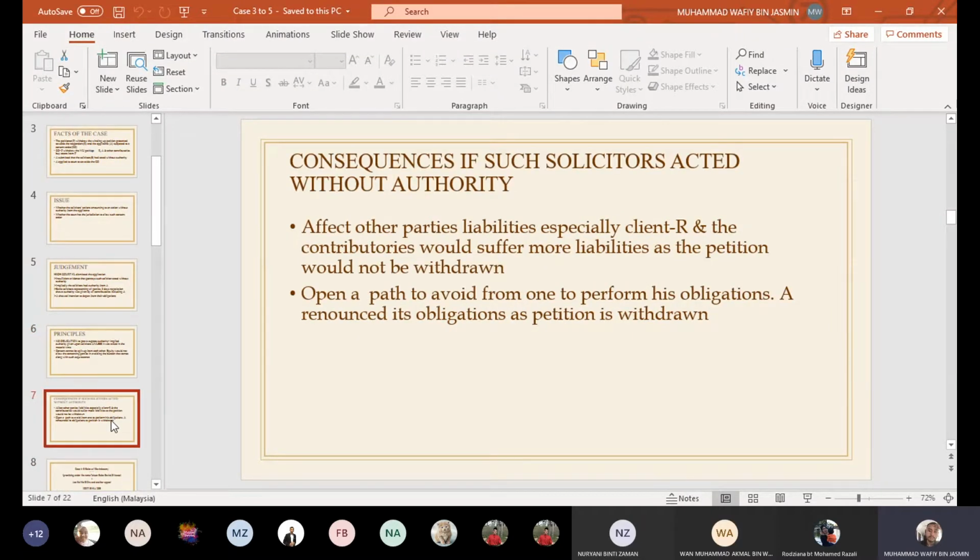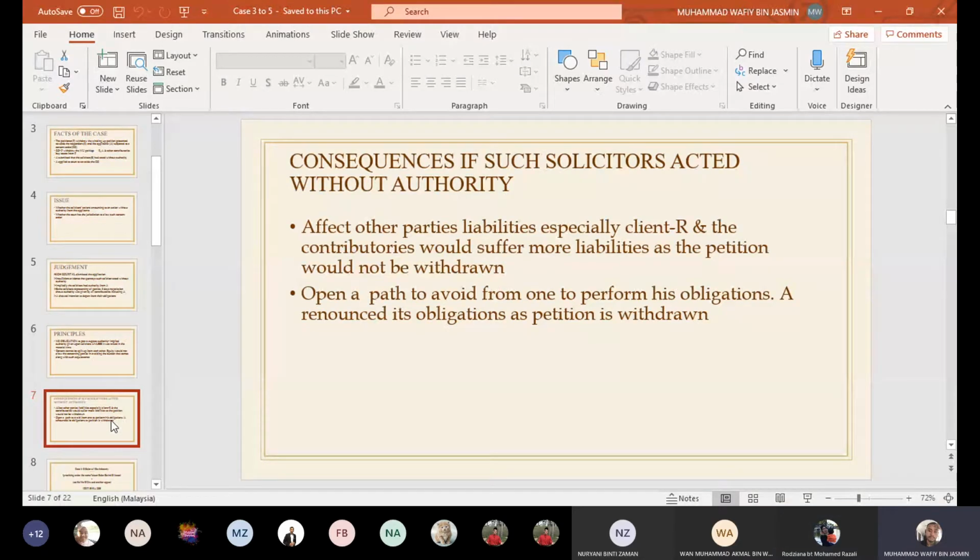The conclusion that we can derive is that, from the perspective of a client, if such an application is to be made, it would affect the respondent's liability as a company. Why? Because if such a consent order was not to be made, I'm sorry, I need to straighten my sentence.